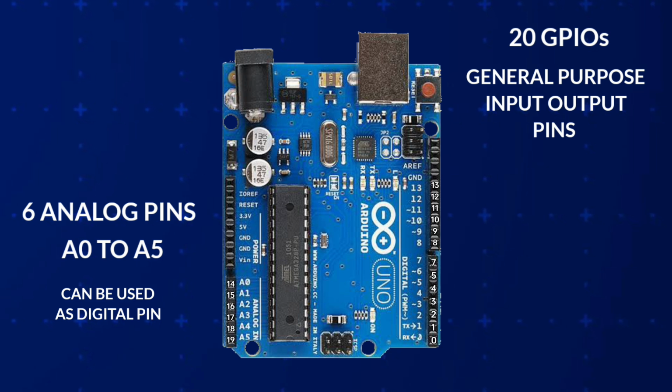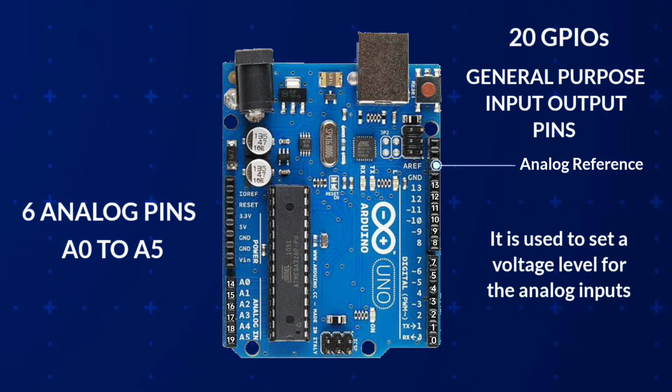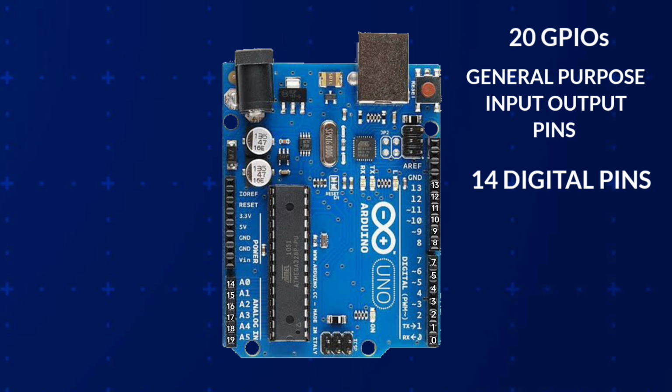At the right side we can see there is a pin called AREF, which is the analog reference pin. It is used to set a voltage level for the analog input, at which level we are giving the inputs at analog pins. Here are the digital pins D0 to D13.